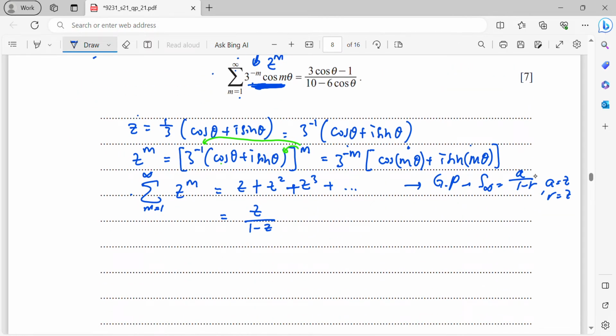Okay, then now I will just replace the z to the power m by this expression. So left hand side becomes summation m from 1 to infinity of 3 power negative m (cos m theta plus i sin m theta).